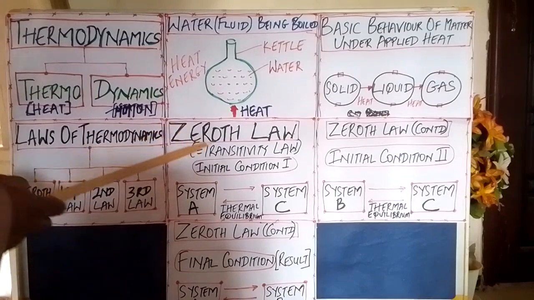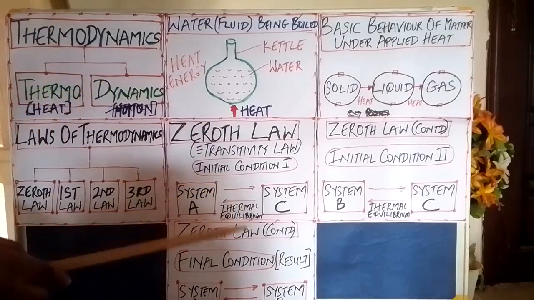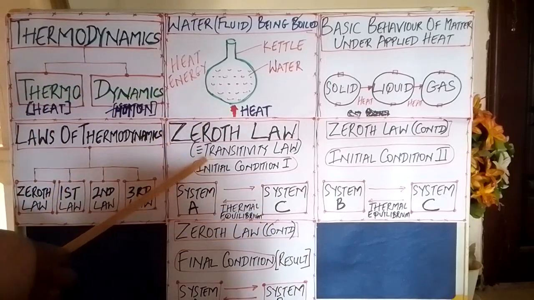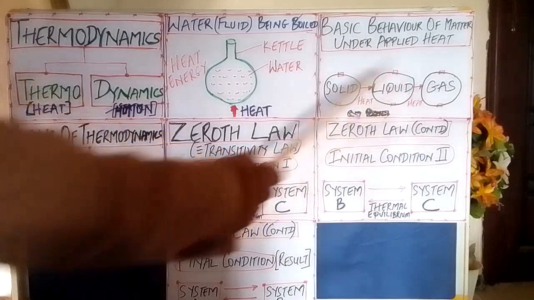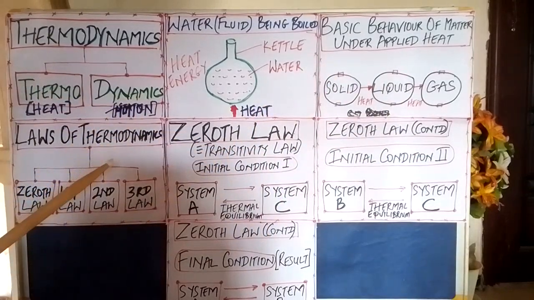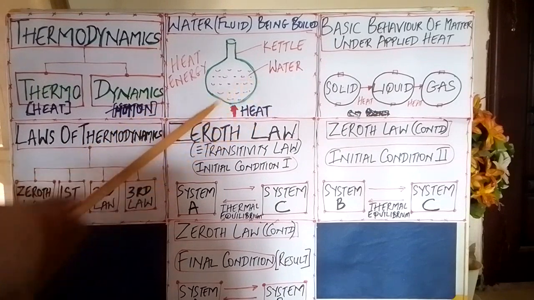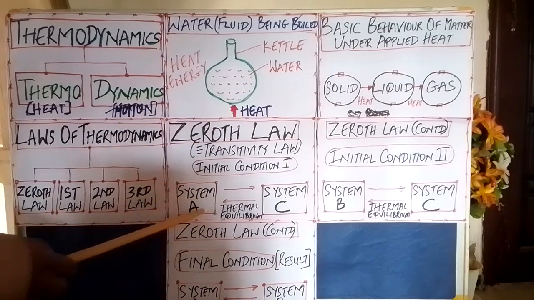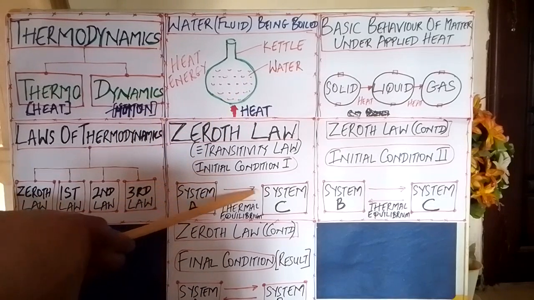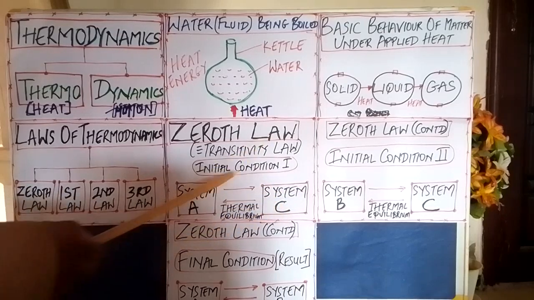So what Zeroth law essentially says is this. We have two conditions. We have initial condition 1, and then initial condition 2. Those are the premises upon which the Zeroth law is based. So you have a system A, which is in thermal equilibrium with another system C. We are using this to show equilibrium.